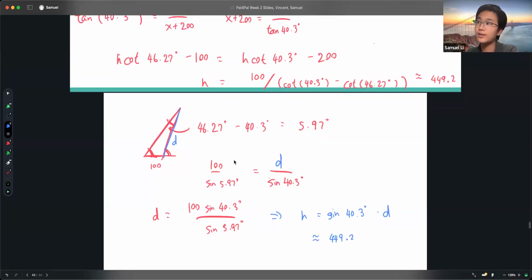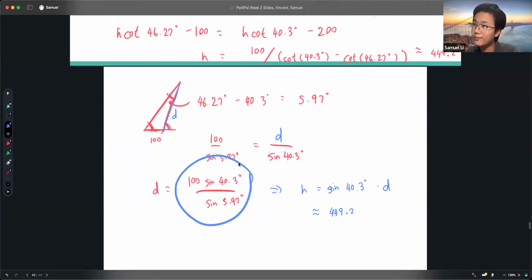in the final result. What I mean by this is suppose you have gotten that D is equal to 100 sine of 40.3 degrees over sine of 5.97 degrees.